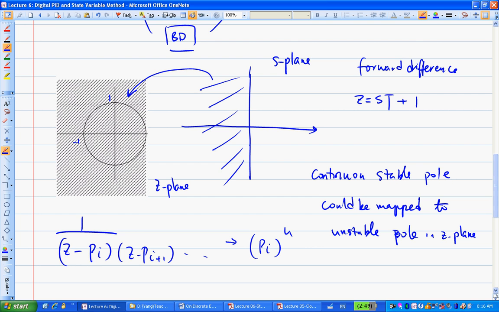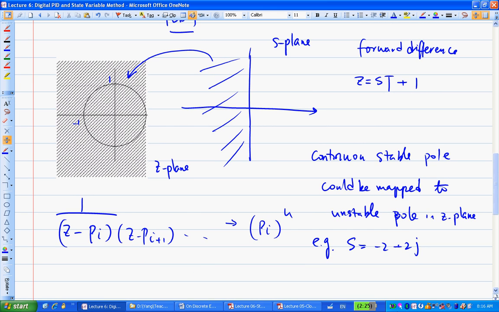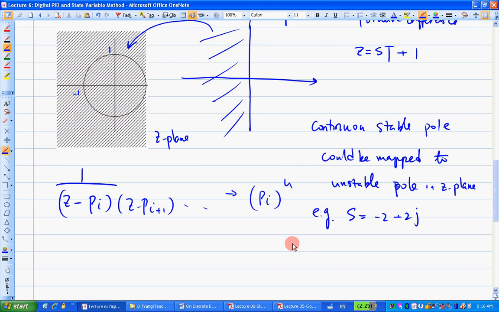Here's one simple example. Let's say my S equals -2 plus 2j. Is that stable? That's stable, because -2 is on the left side. Now if I do the mapping using forward difference, what will be the Z location of the pole?